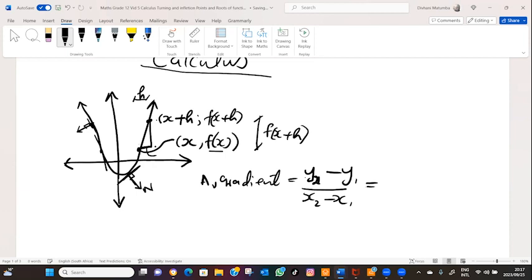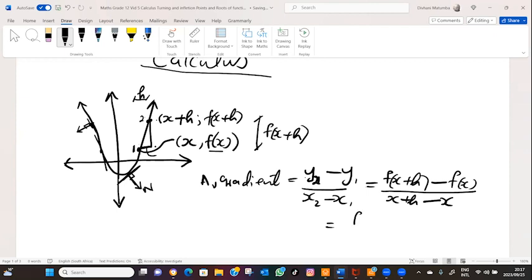Now, using our function, let's assume this is point 2 and this is point 1. This will mean that we have f of x plus h minus f of x, which I hope most of us agree with, over x plus h minus x.